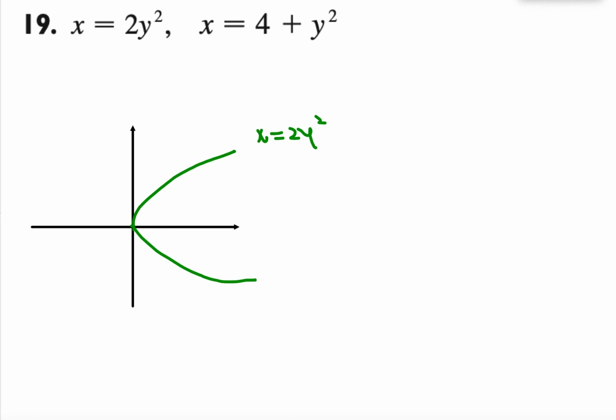How about the second one? The second one starts with 4, but this one is wider compared to the first one. So it starts with 4, and I'll try to go this way and this way. So we have 2 intersections here.